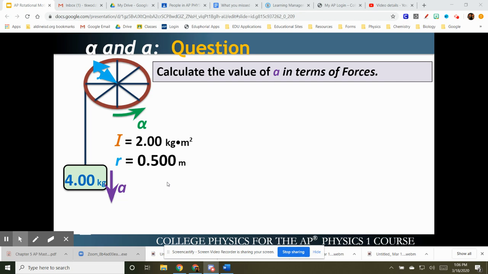Yeah, this is a really tough one to start with. So let me ask you guys a question. How do I want to start this off? What is causing the angular acceleration of the pulley?